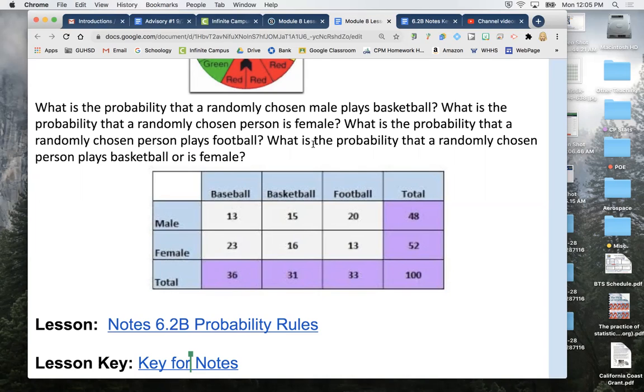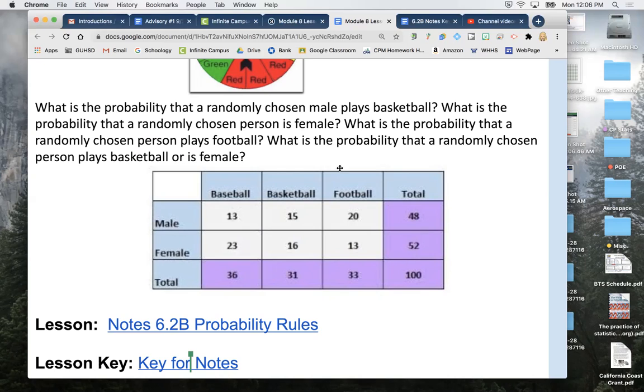And then next one, what is the probability that a randomly chosen person plays basketball or is female? We're actually going to skip that one. Actually, you know what? I'm going to teach it. So in this one, the probability that a randomly chosen person plays basketball or is female is the probability that they play basketball plus the probability of being female.